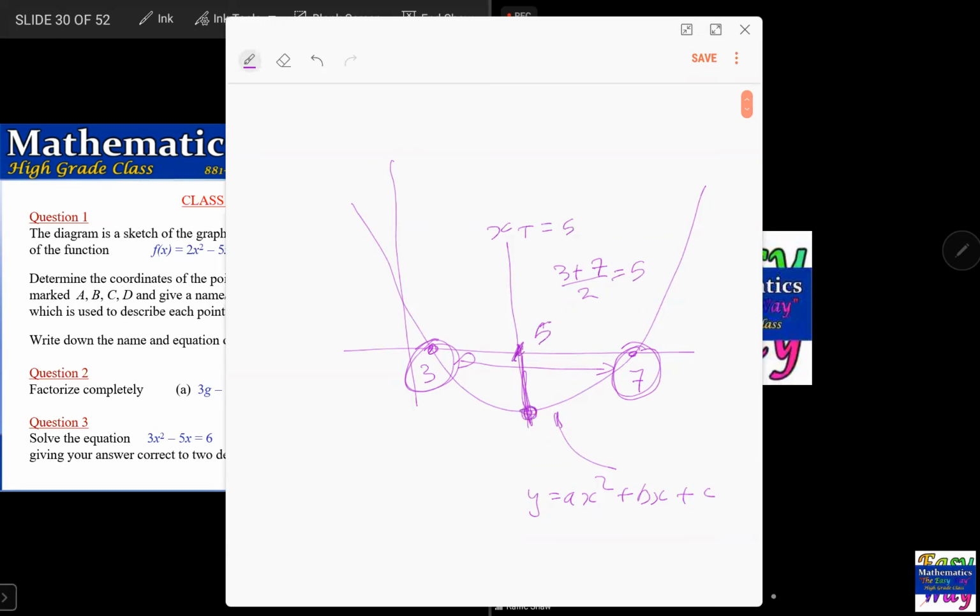Why is that so? Because remember the axis of symmetry, if you have a quadratic curve. Let me put a y-axis here, and that's the axis of symmetry. Since that's the axis of symmetry, the distance from this root to the axis is the same as the distance to the other root.